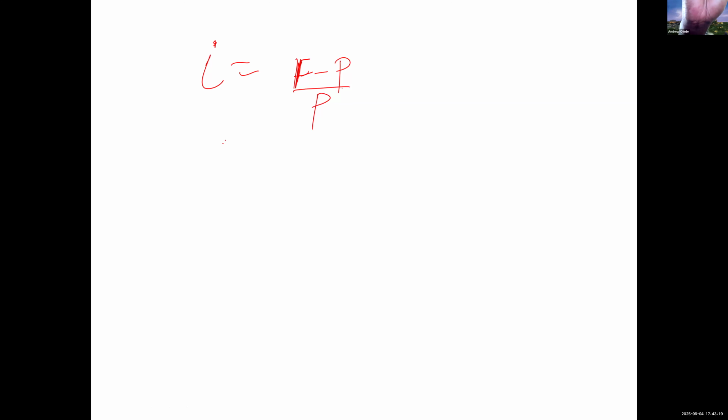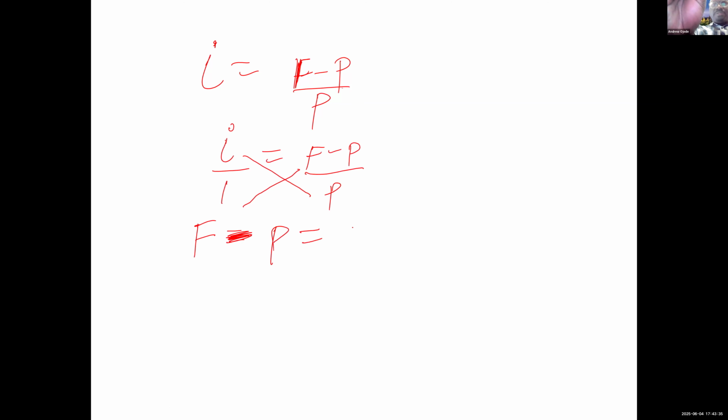So I can write this as I over 1 equals F minus P over P. If I cross multiply, the face value minus P must equal PI. Then I can collect terms in P on one side. So P plus PI equals F, if I add P to both sides.